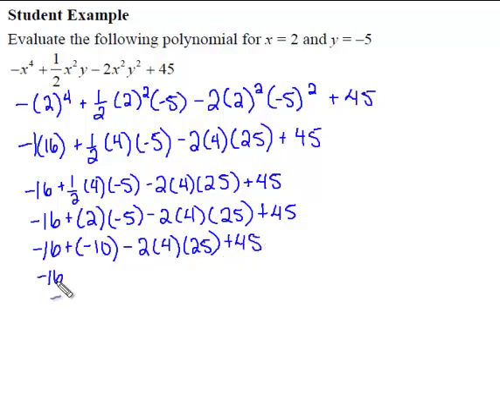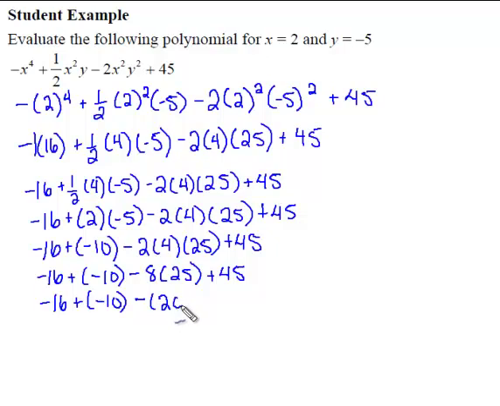The next multiplication we have is 2 times 4, which is 8. The next multiplication we have is 8 times 25, which is 200, plus 45.